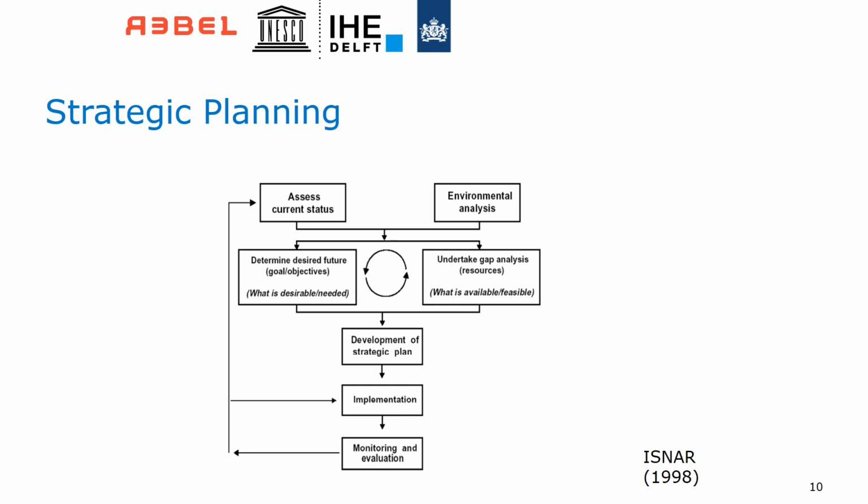Then you need to determine your goals or objectives of the SDI. And you need to undertake a gap analysis. You will find out that many data sets are needed by stakeholders but are not available or are not easily accessible. This all provides input to the development of the strategic plan.